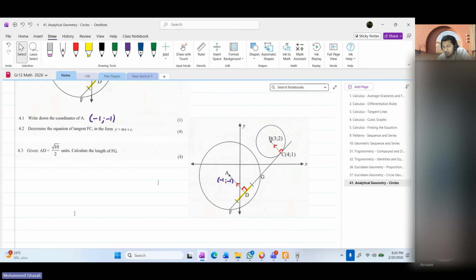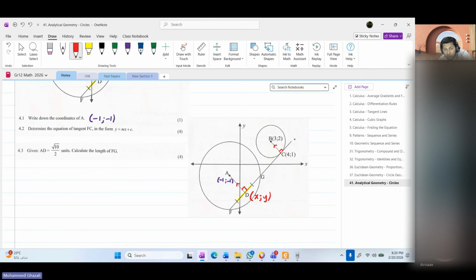Is there an easier way of doing this? We don't have the coordinates of D. The point D can be written as (x, y).